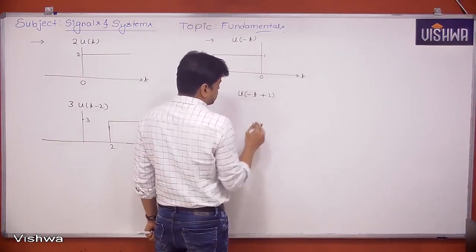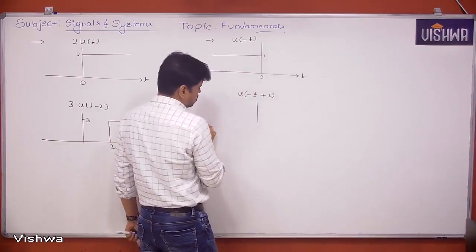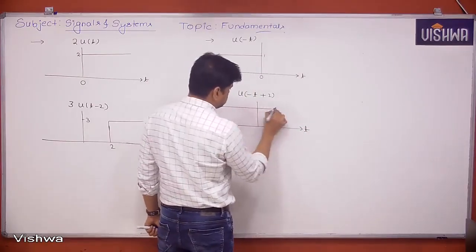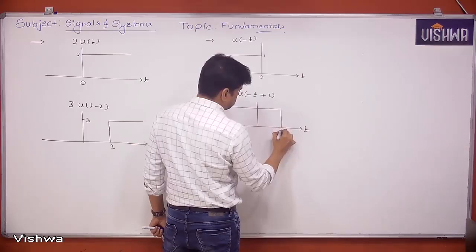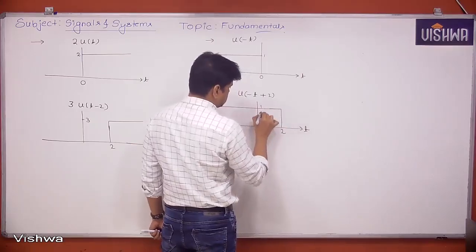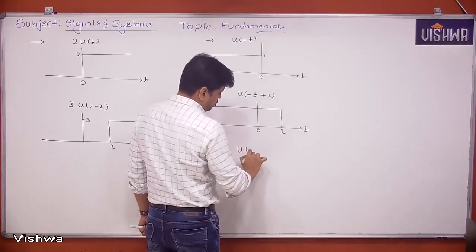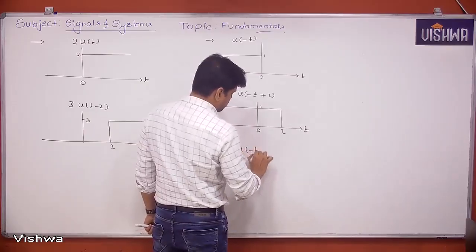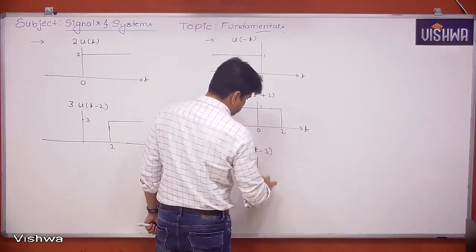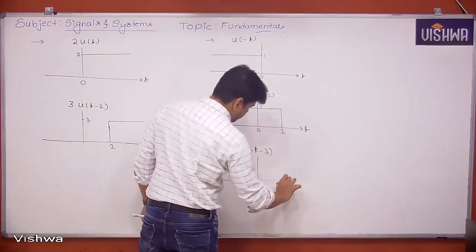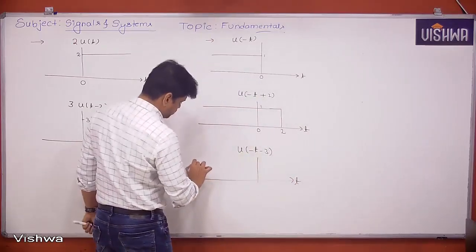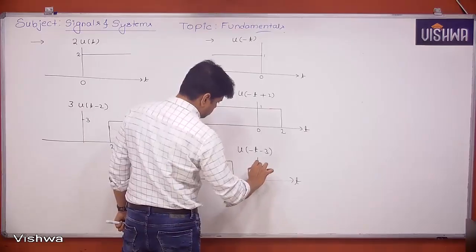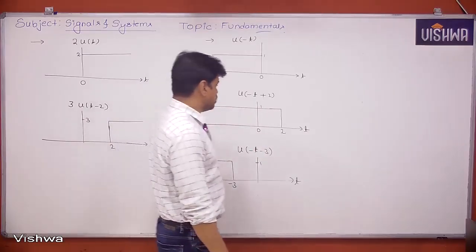If I delay by 2 seconds, this is what we are going to get. If I say draw u of minus t minus 3, then this is existing up to minus 3. That is what we are going to get.